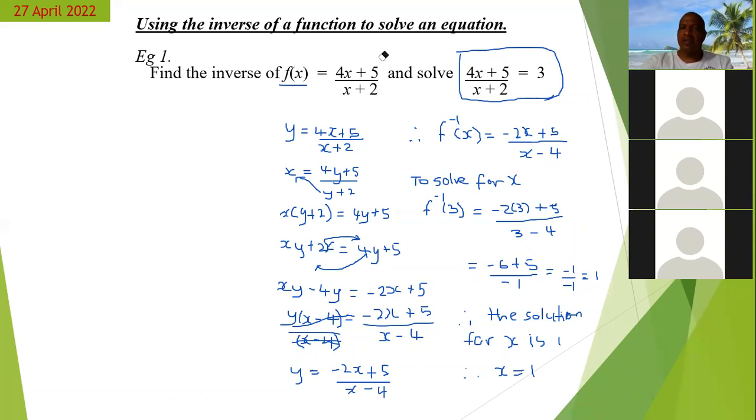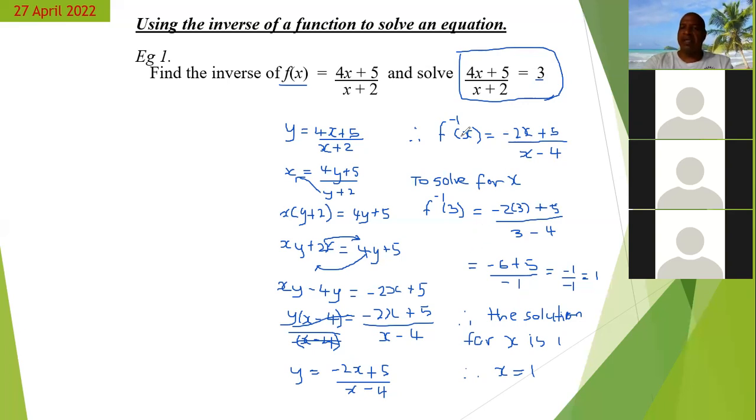So you use the 3 as the x value that you're plugging into the inverse function. Once you do that calculation, whatever you get as your solution would be the answer to x.